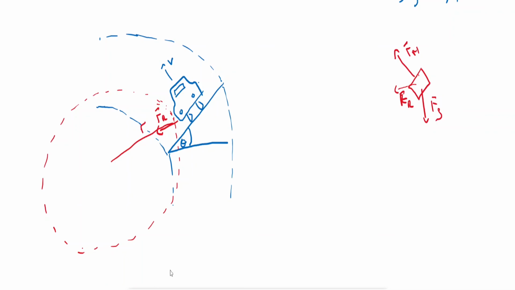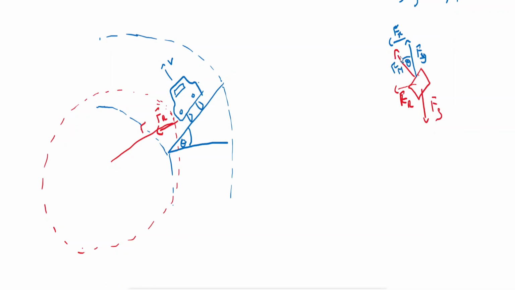So if you look into this, I could draw this Fn like that, and then Fy is perpendicular to that, and Fx, and there's your theta here.